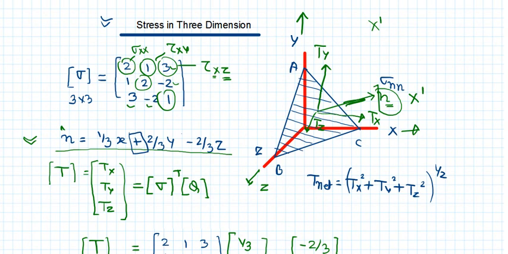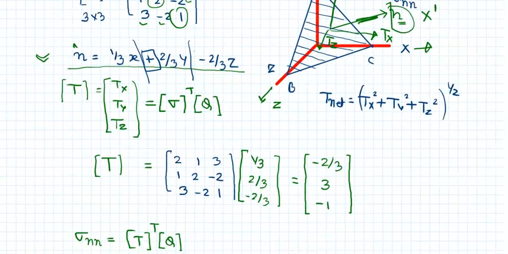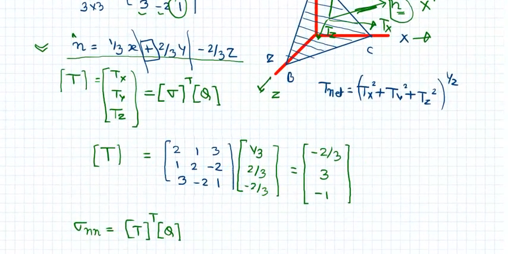This is all different. This represents the coefficient of x, this the coefficient of y, and this the coefficient of z. And what will be the direction cosines now? The direction cosines will be the coefficients of x, y and z.